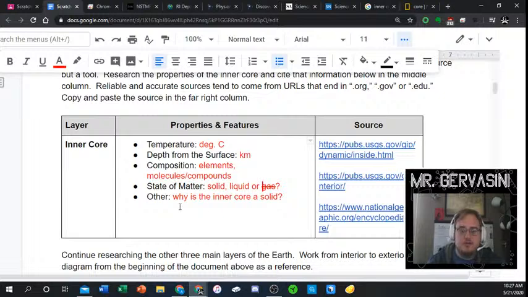And it's a solid because of the intense pressure preventing iron atoms from moving around. So that's how I would have attacked the inner core, researching, finding information. USGS and Nat Geo are going to be your friends.